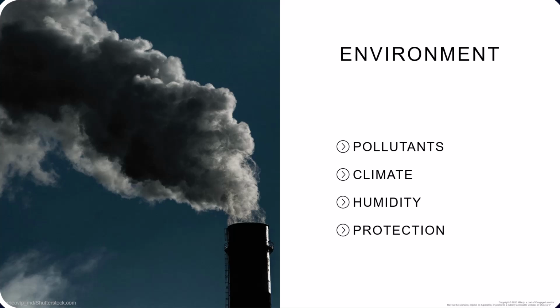The changes in our environment can greatly influence our aging process. There are pollutants in the air from factories, automobile exhaust, and secondhand smoke that can influence the overall appearance and health of our skin. Climate, humidity levels, and other factors can also affect our skin a lot and even change skin type.